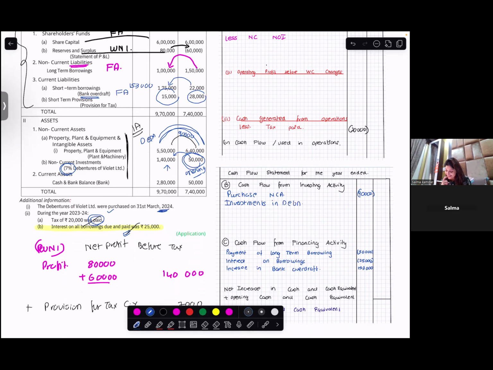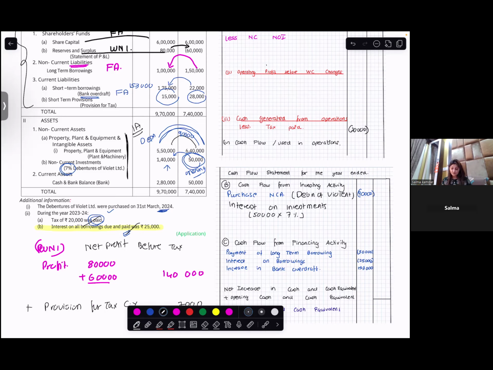So investment in debentures is 19,000. This I've done. And interest on these investments, it's hidden. It's 7% of 50,000. The date of investment was given.